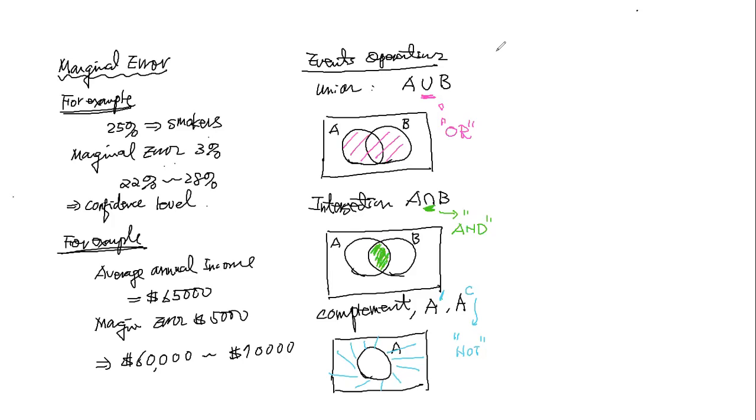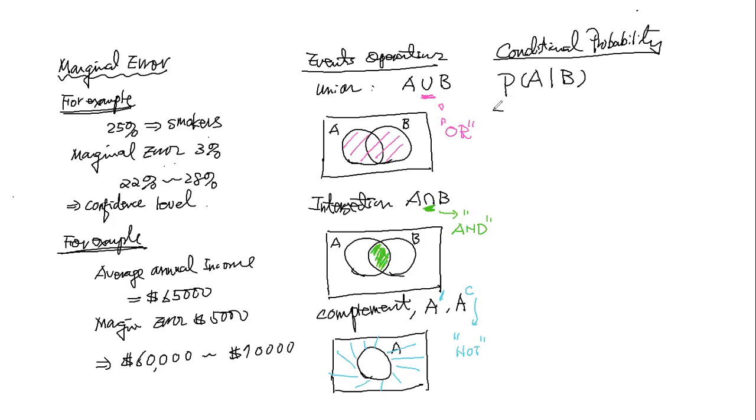The next thing we're going to talk about is conditional probability. So what is conditional probability? We write A, then a line, then B. So how do we read it? Let's write out what this probability is.